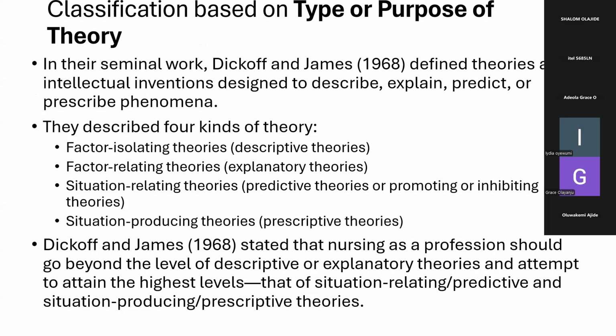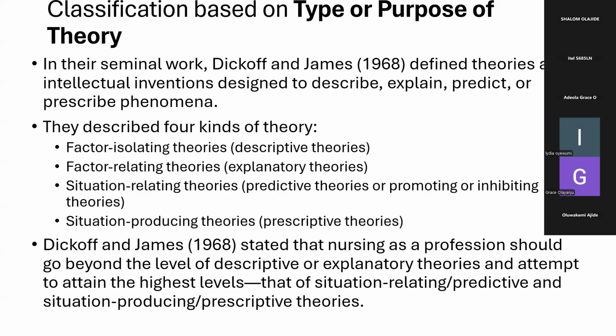Now, there are also other classifications based on the type or the purpose of the theory. Remember that we said theories are a set of organized frameworks that are used to describe, explain, predict, or prescribe phenomena in nursing. So the 4 kinds of theory based on purpose are descriptive theory, explanatory theory, predictive theory, and prescriptive theory.